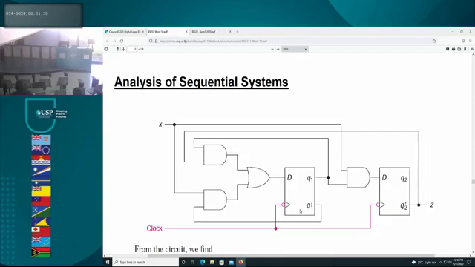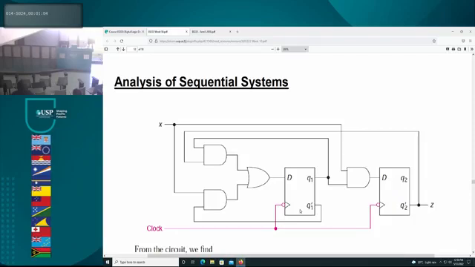We label that output as D. What is coming into this AND gate? Firstly, let's look at this AND gate. X and Q1 bar. So what will we write over here? X and Q1 bar.